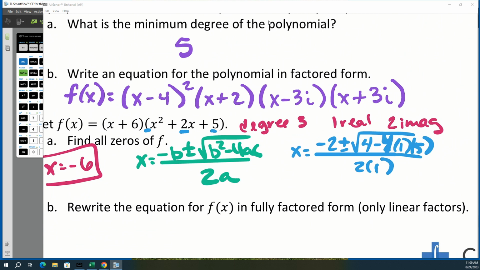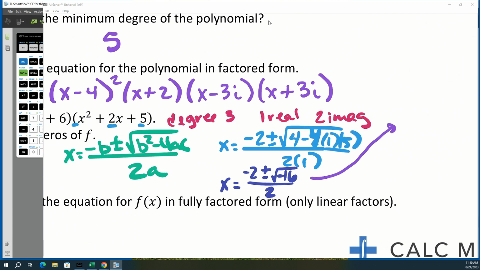So instead of writing 2 squared, I just went ahead and wrote 4. You can do whatever you want to do. We cannot put this in the calculator all at one time, but we can do 4 minus 4 times 1 times 5. And we're going to get the square root of negative 16. And hopefully it didn't surprise you that you got a negative under the square root, because we already knew those were going to be imaginary solutions.